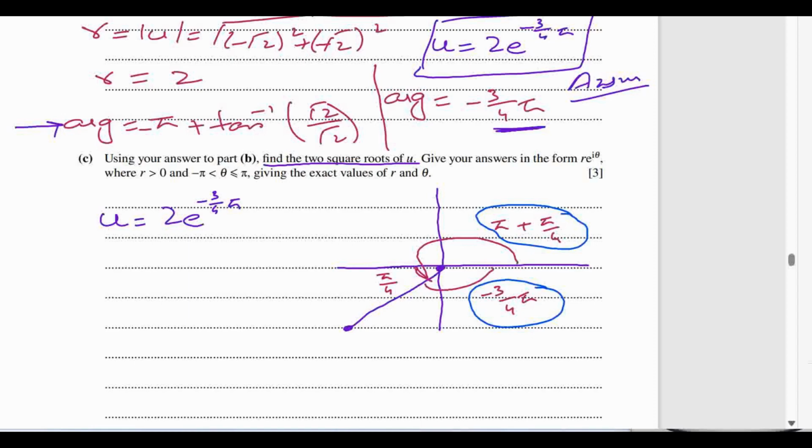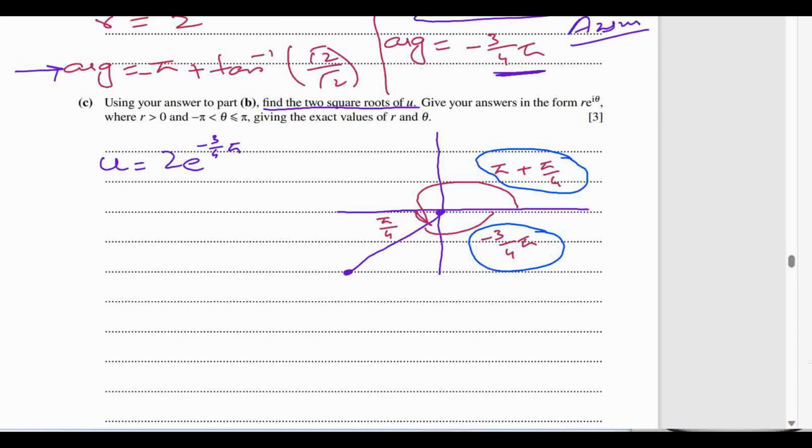Okay, now let's see this one. As we can see, u is equal to this thing, so u square is equal to, not u square, we are interested in the square root. So take the square root on both sides. So square root of u will be equal to square root of 2 e power minus 3 by 4 pi, which means square root of u is equal to (2 e power minus 3 by 4 pi) whole power 1 by 2.